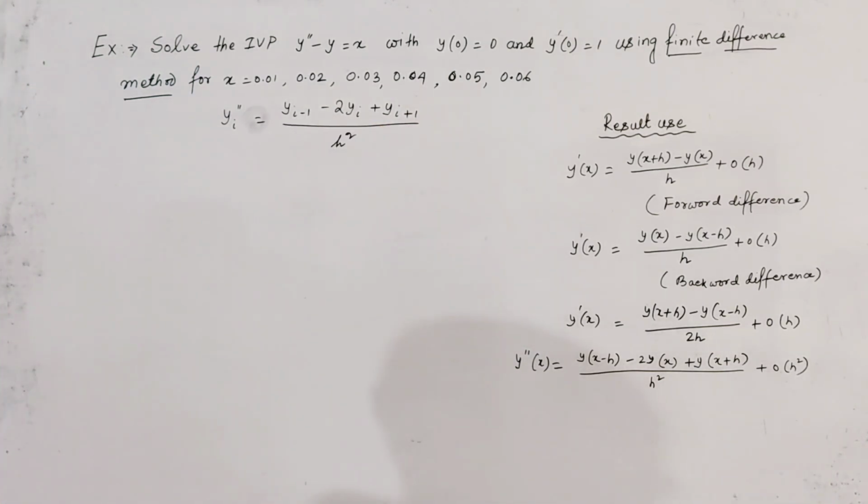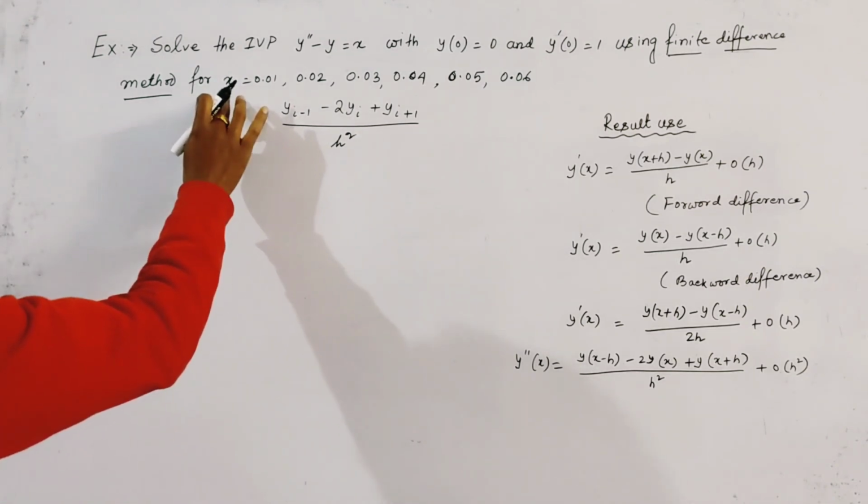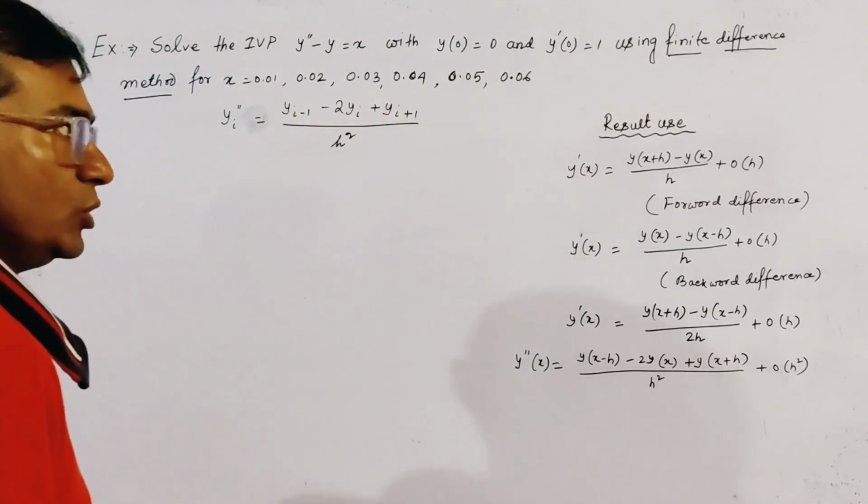This h is the step length. This is the approximation of yi double dash in finite difference method.